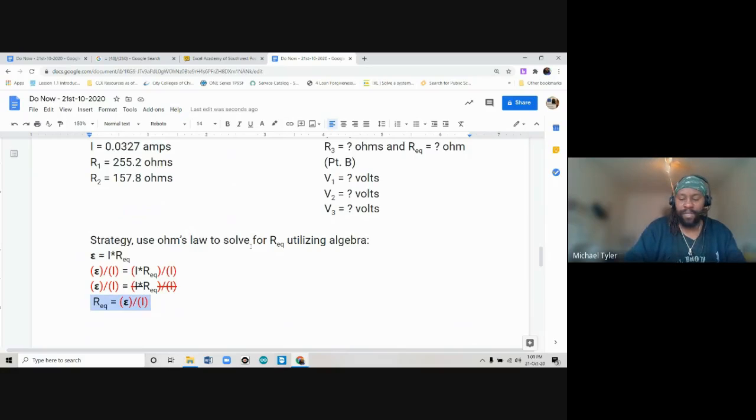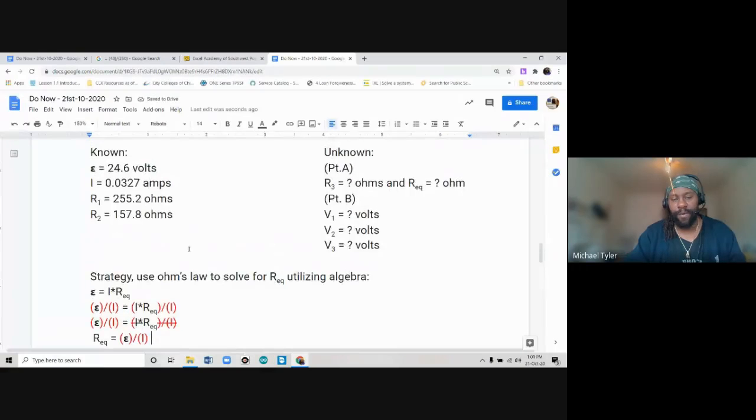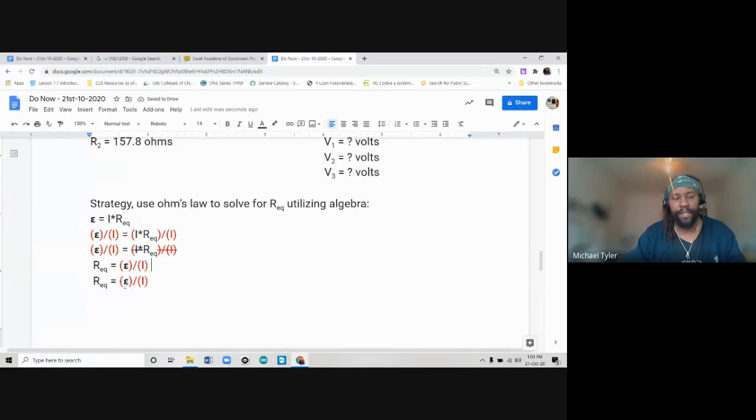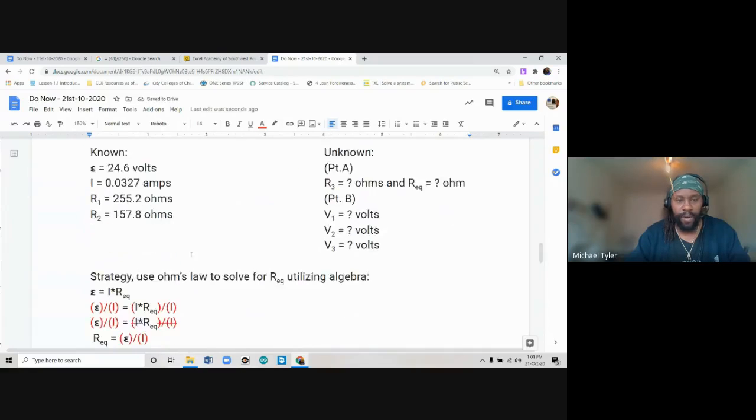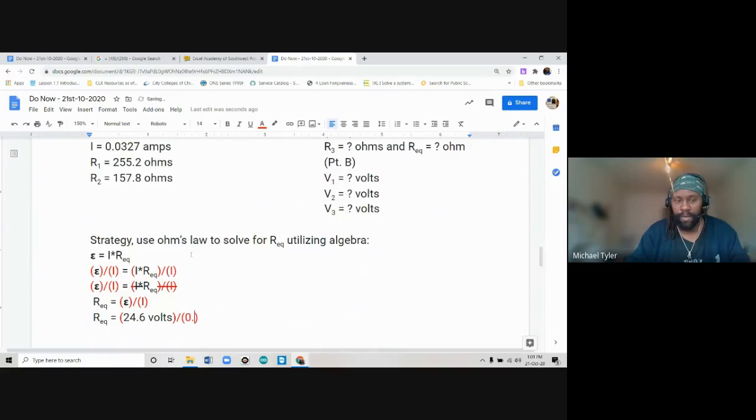So let's put these values in. And what is our epsilon, or our voltage value? It's 24.6. I'm just going from our known values above, 24.6, right? And that's volts. And the current is, if I remember, let's come up here, 0.0327, and it's amps.